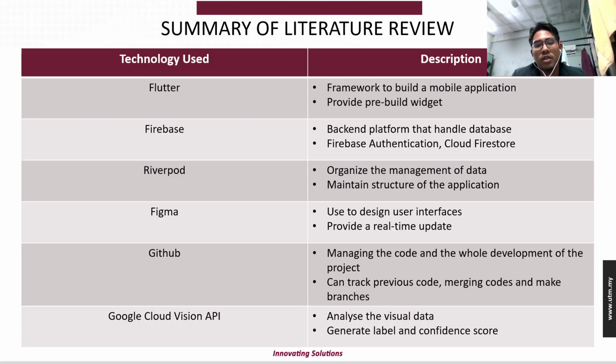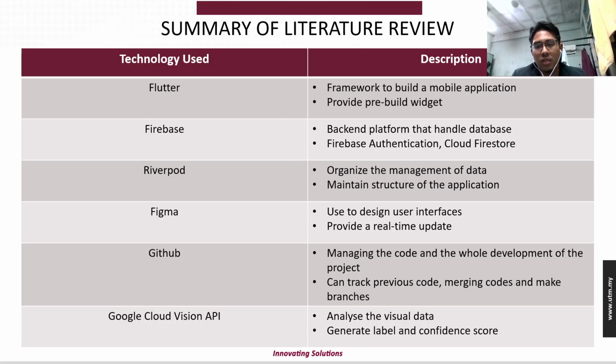The next one is Firebase. Basically, Firebase is a backend platform used for managing the data, and it provides features such as Firebase Authentication and Cloud Firestore. The next technology is Riverpod, which basically helps us maintain the structure of the code.